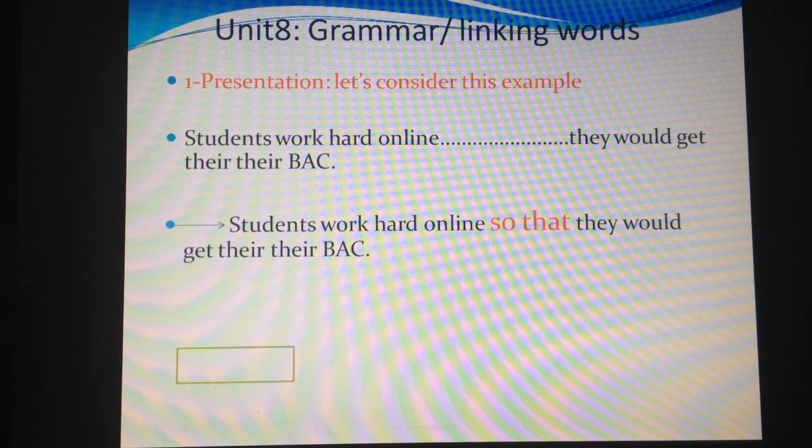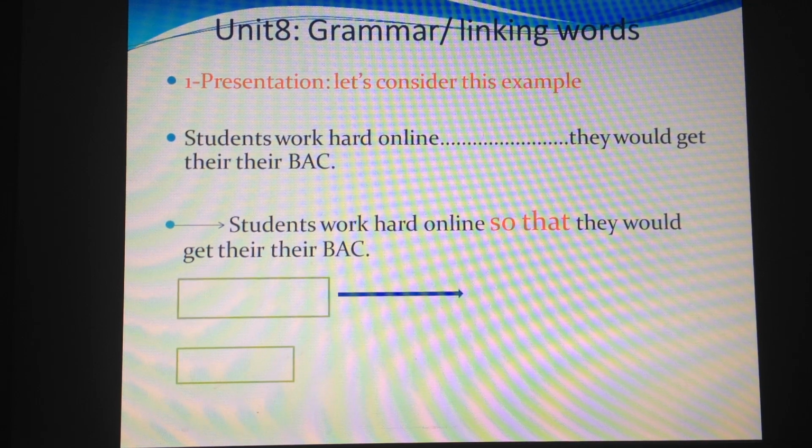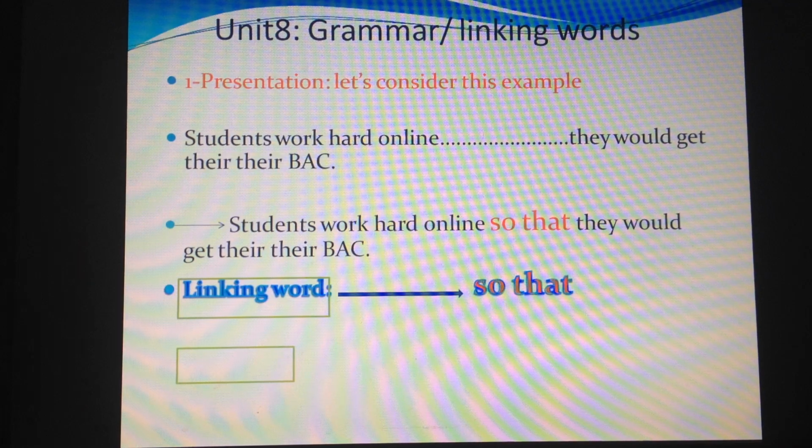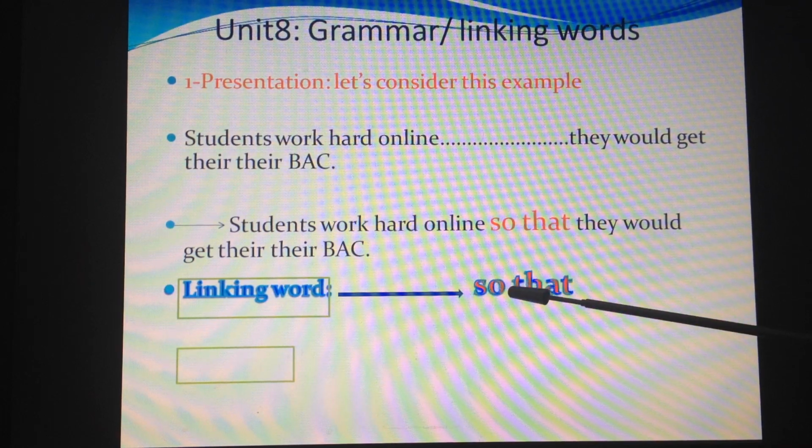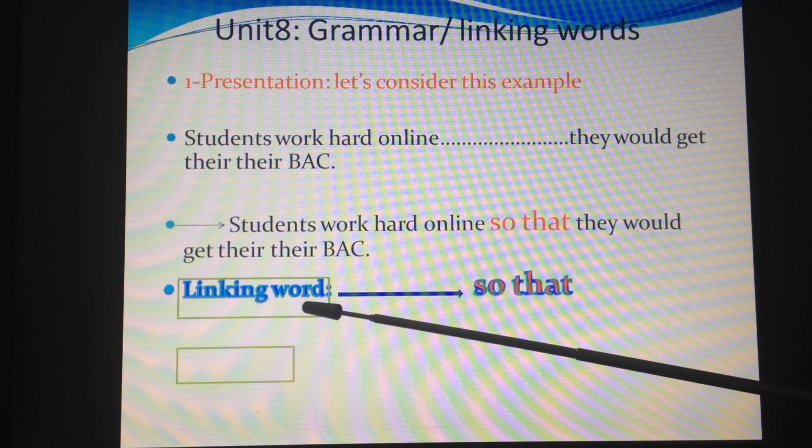What function does this sentence express? This is the first thing you need to ask yourself when you are doing a lesson about linking words. Read the two sentences. What's the relationship between the two sentences? Okay? So the linking word we are using here is so that. That's the linking word or the connector.